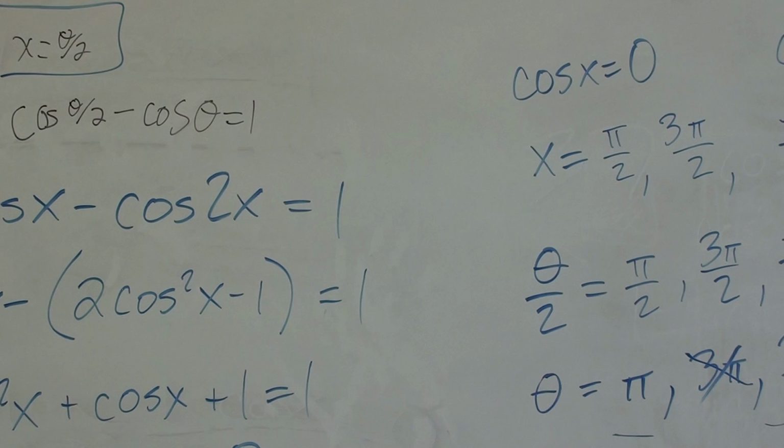The cosine of theta over 2 is not the same thing as cosine of theta times a half. It's very, very different. What you're saying is that the cosine of 30 equals half of the cosine of 60.